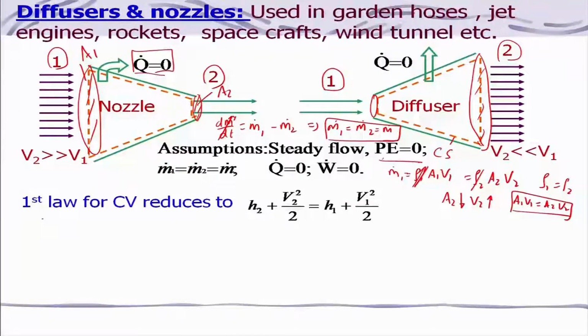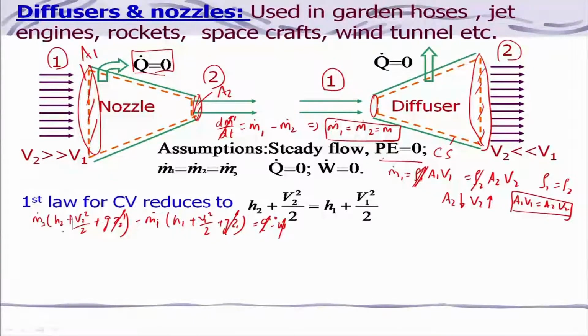We have already seen this equation-wise, and this is a steady flow process. So in this case, it will be m2 times (H2 plus V2 square by 2 plus gZ2) minus m1 times (H1 plus V1 square by 2 plus gZ1) is equal to Q minus W. Here, Q is 0, W is 0, and the potential energy term is neglected.